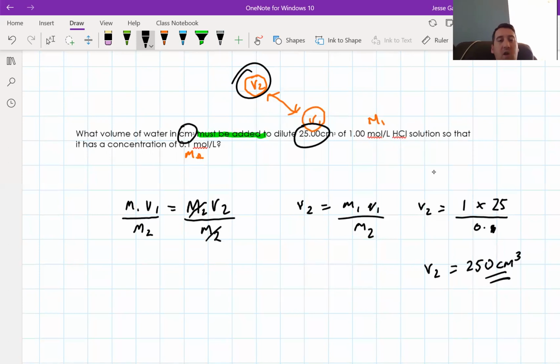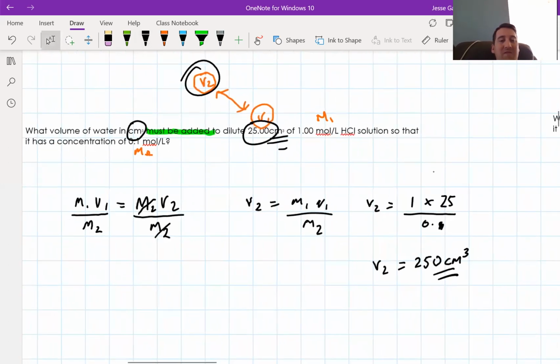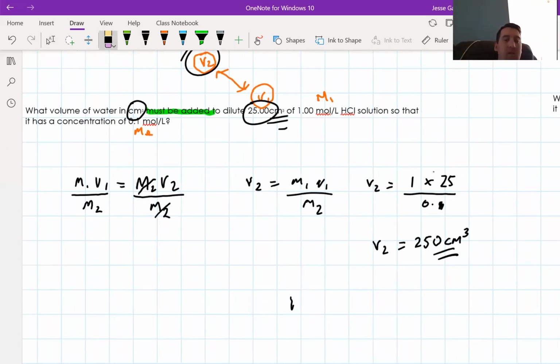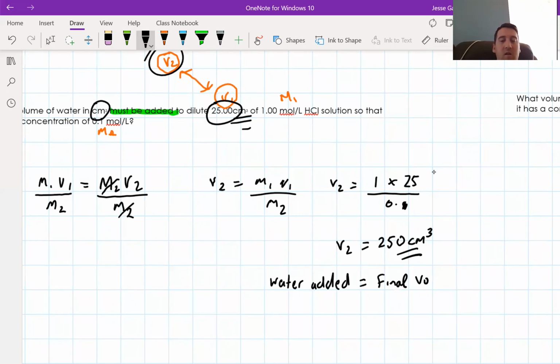Now I know it's centimeters cubed because I put this in centimeters cubed. Now I wasn't asked for V2. I was asked for how much water was added. To get the water added, I must take my final volume, which is V2, and take away my original volume, which is V1.